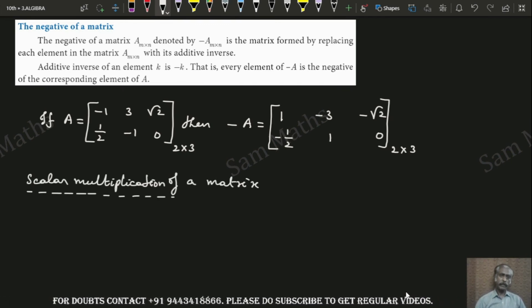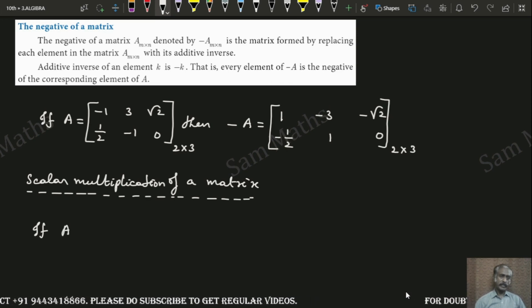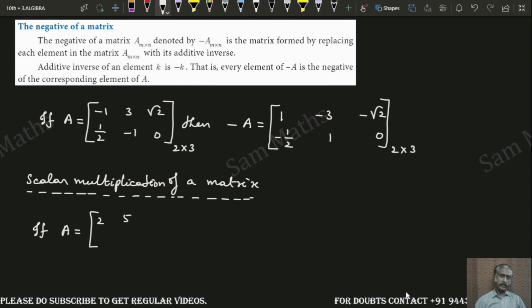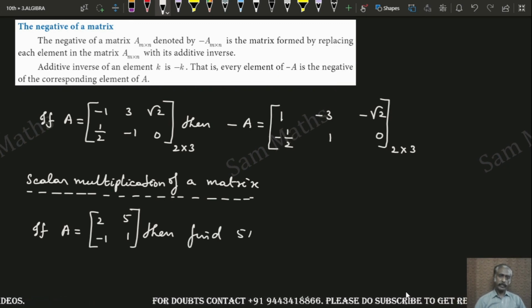Next, you must know the scalar multiplication of a matrix. For example, suppose I am taking A is equal to 2, 5, minus 1, 1, then find 5A matrix.